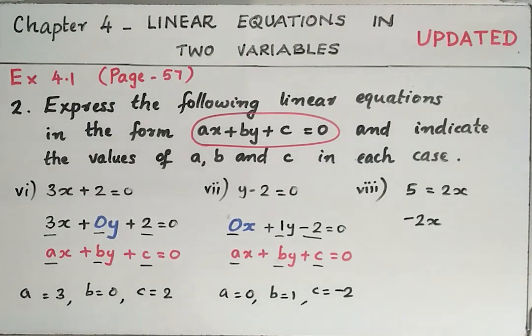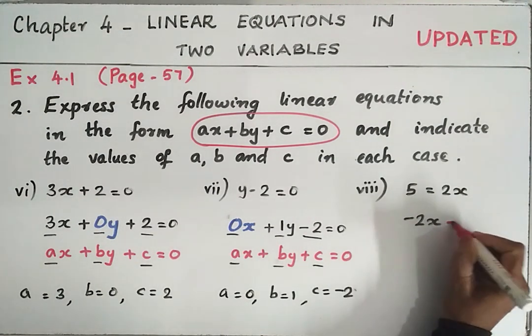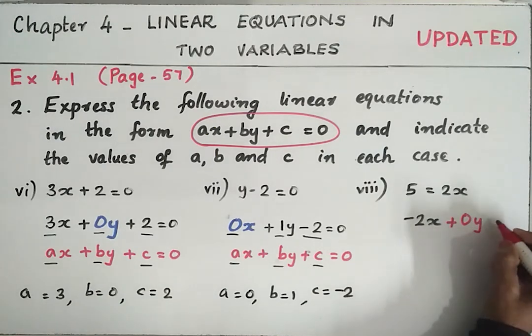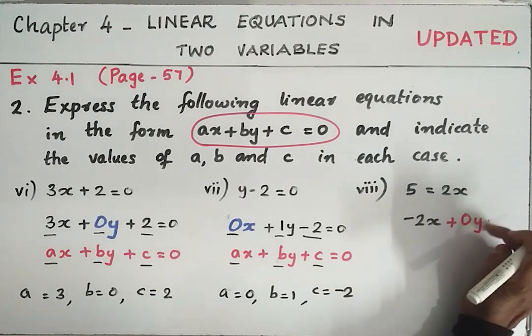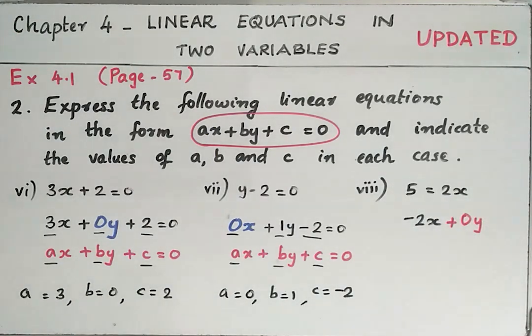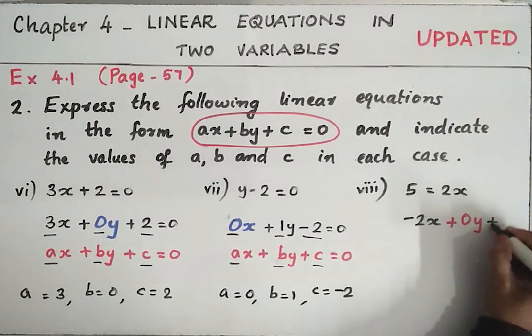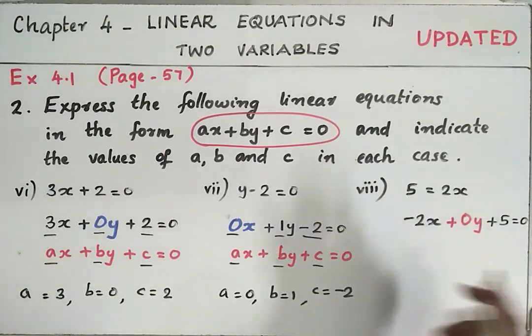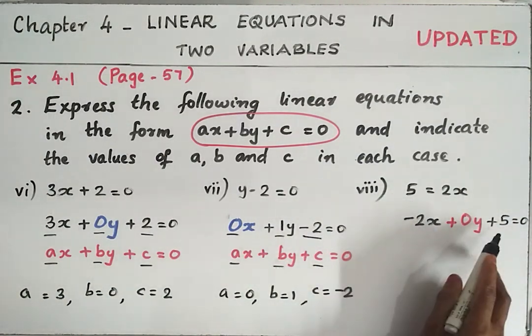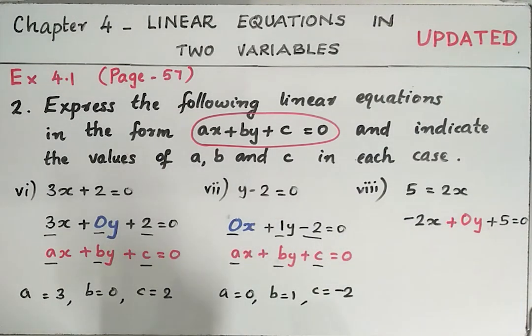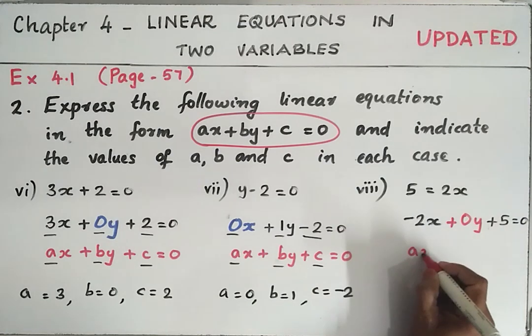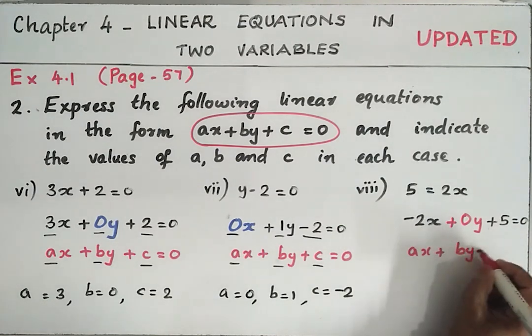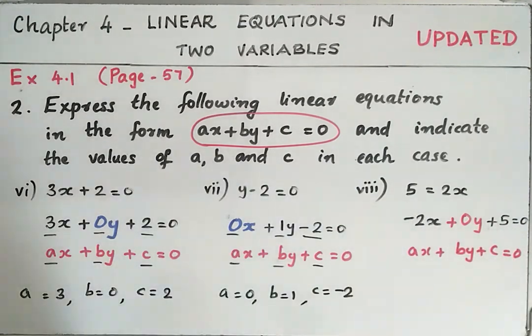So we can write this as plus 0y plus 5 equal to 0. 5 is already in the left side. Now it is in the form of ax plus by plus c equal to 0.